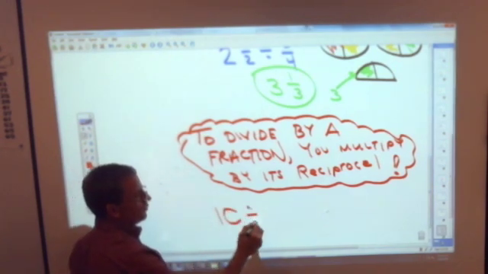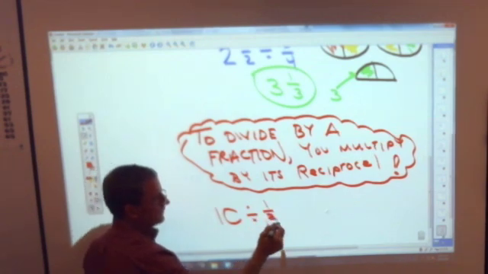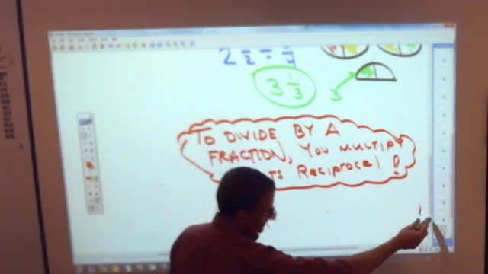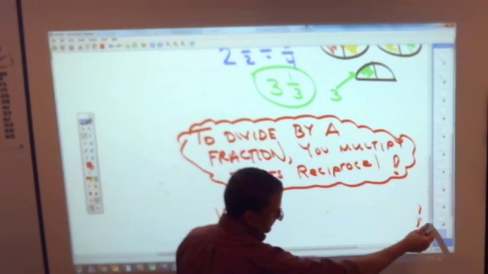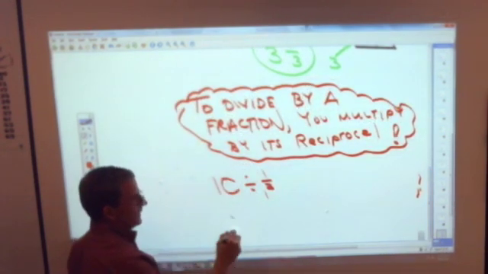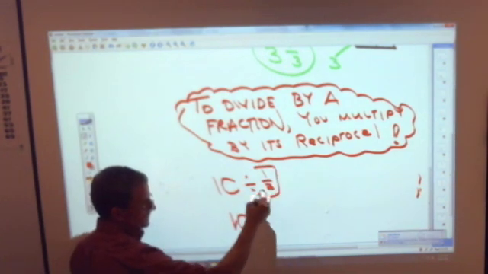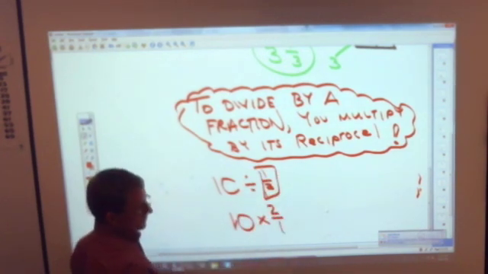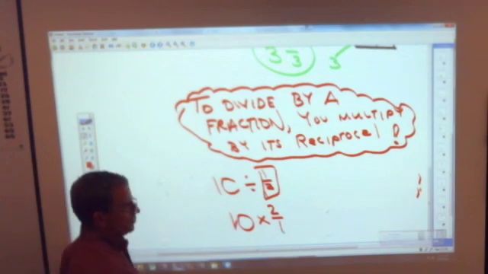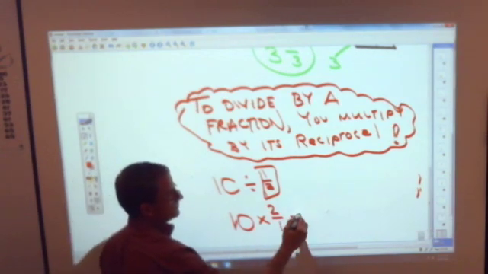10 divided by 1/2. 10 divided by half is the same thing as 10 multiplied by its reciprocal. What is 10 times 2 over 1? 20.